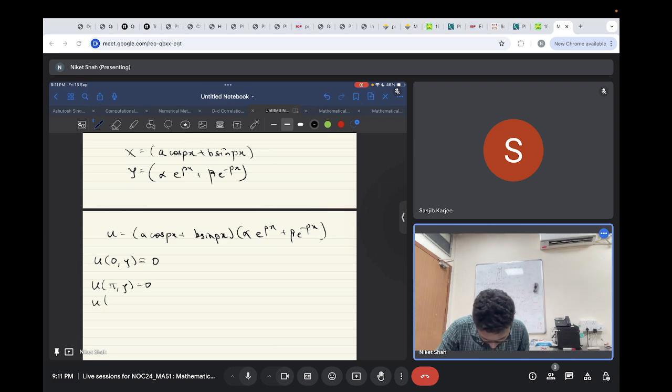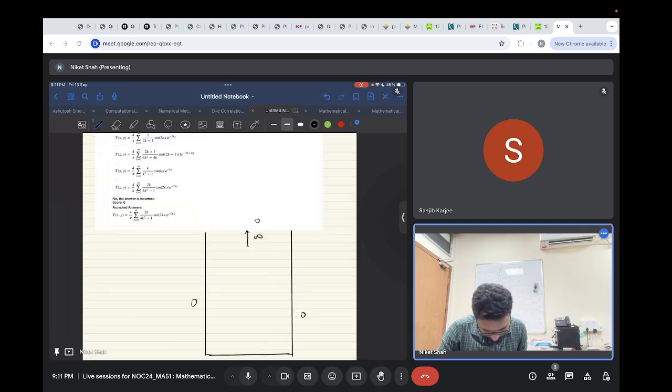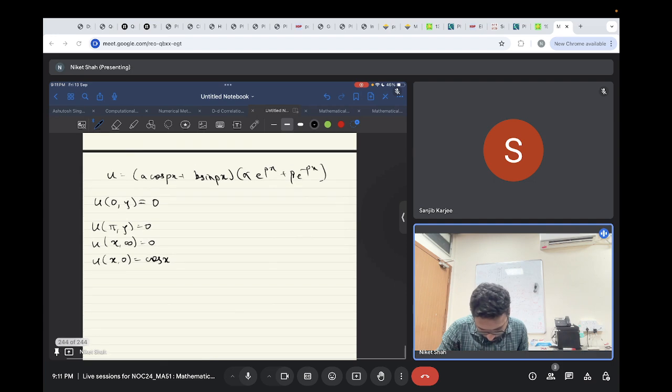U of x comma infinity is also 0, just that u of x comma 0 is equal to cos x. Yes, that's the bottom edge. So this is cos x, this is 0, this is 0, and at infinity also it's 0. This is what we want to ensure. All of these boundary conditions we will implement individually.